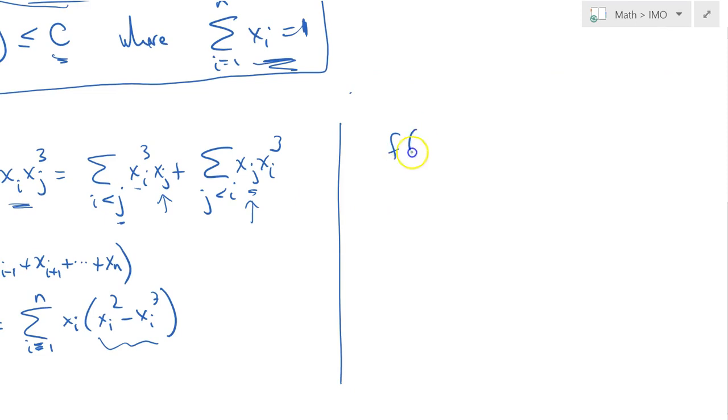I claim that the function f of x equals x squared minus x cubed is increasing in the following interval, 0 to 1/2. In reality, this function is increasing from 0 to 2/3, but I just need this part.